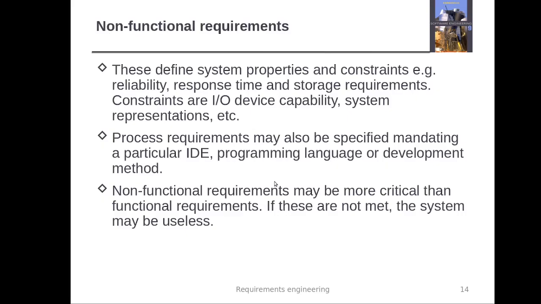These are requirements which are defined by the system properties and constraints. Examples are reliability, response time, storage requirements, and constraints such as I/O device capability, system representation, and many more. These non-functional requirements are actually more critical than functional requirements.